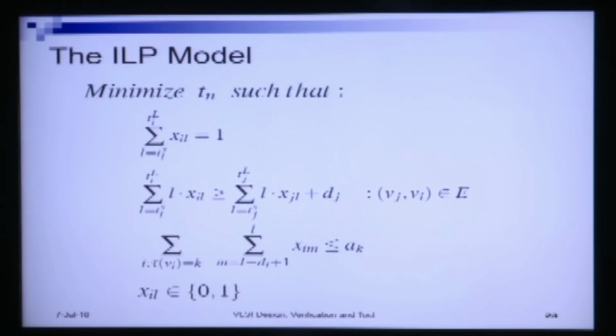Now, therefore, we can obtain the final formulation as minimize Tn such that all operations have a unique start time, all dependency constraints are satisfied, all resource constraints are satisfied, and the last constraint being that our decision variables xil are binary, right.